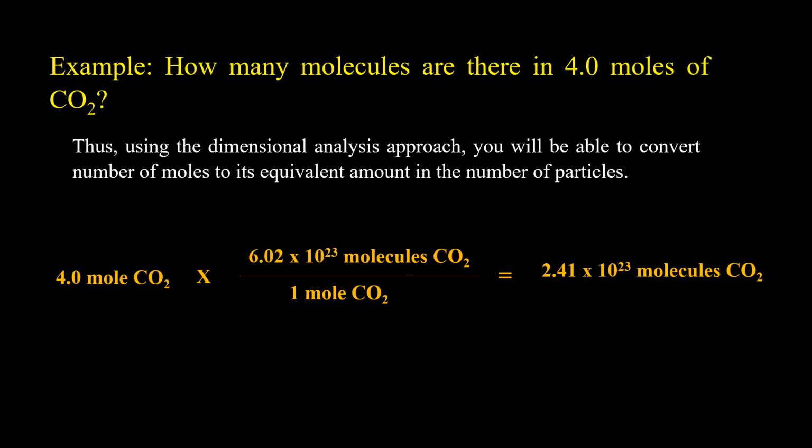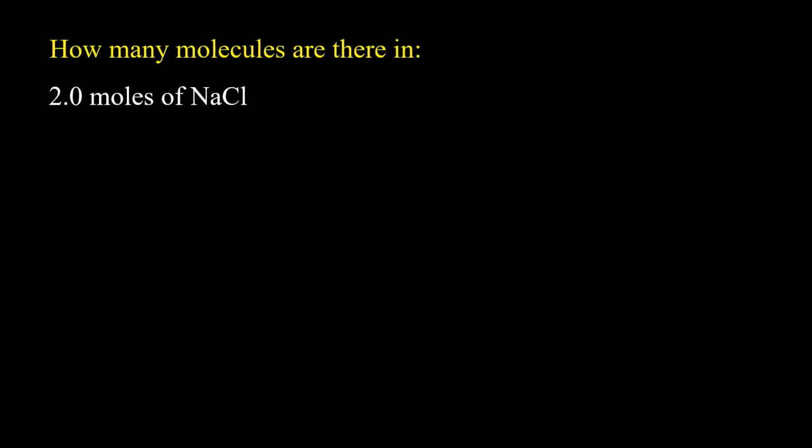Okay, do you want to have another example? Yes, there is. Now, let's try this example. How many molecules are there in 2.0 moles of sodium chloride? To compute the number of molecules, let us first write the given value.